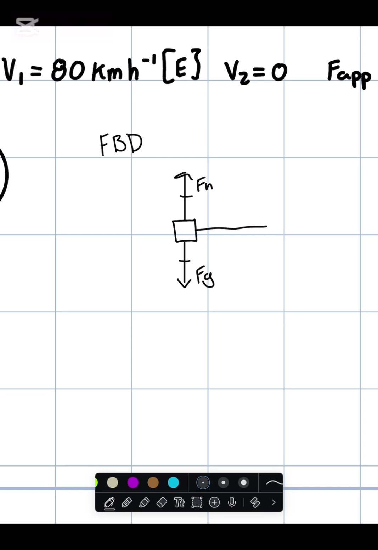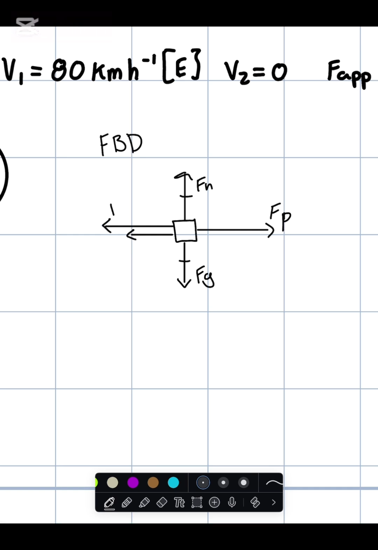We have our force of P, the force that's being exerted, FP, and we have two forces going backwards. We always have to draw them accurately, so try to draw Fn and Fg equal. If they're equal, Fp is a stronger force, so it's going to be bigger than both of these.